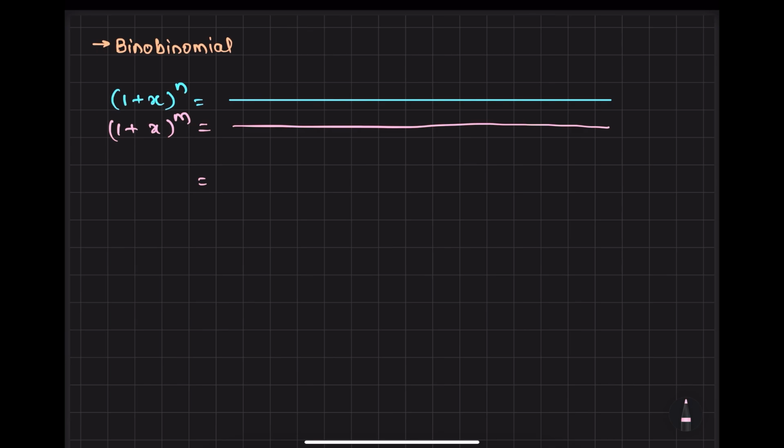Now you know how we should proceed with this question. On the right hand side we will have something as the coefficient of x power 0, something as the coefficient of x power 1, something as the coefficient of x power 2, and so on.